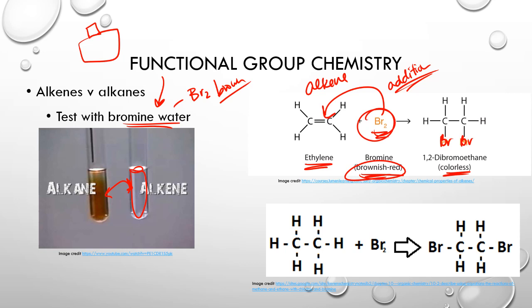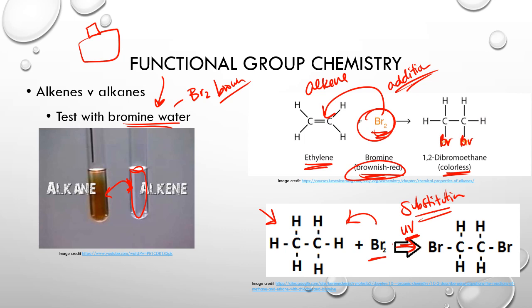If, however, I have an alkane, like here I have ethane, if I add bromine water to my ethane, nothing's going to happen unless I add big UV radiation to make that substitution reaction occur. So we're going to have that substitution reaction occur only with big UV radiation.